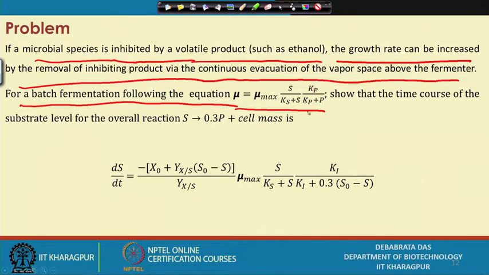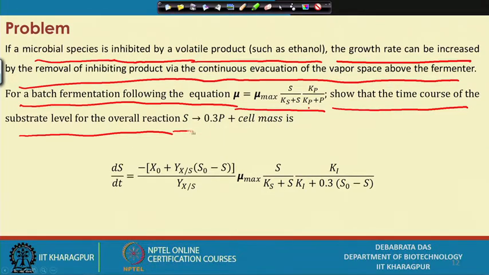Now, for a batch fermentation process, the following equation holds: mu equal to mu max S by Ks plus S, times Kp by Kp plus P, and show the time course of the substrate level. Overall, S equal to 0.3 P plus cell mass.